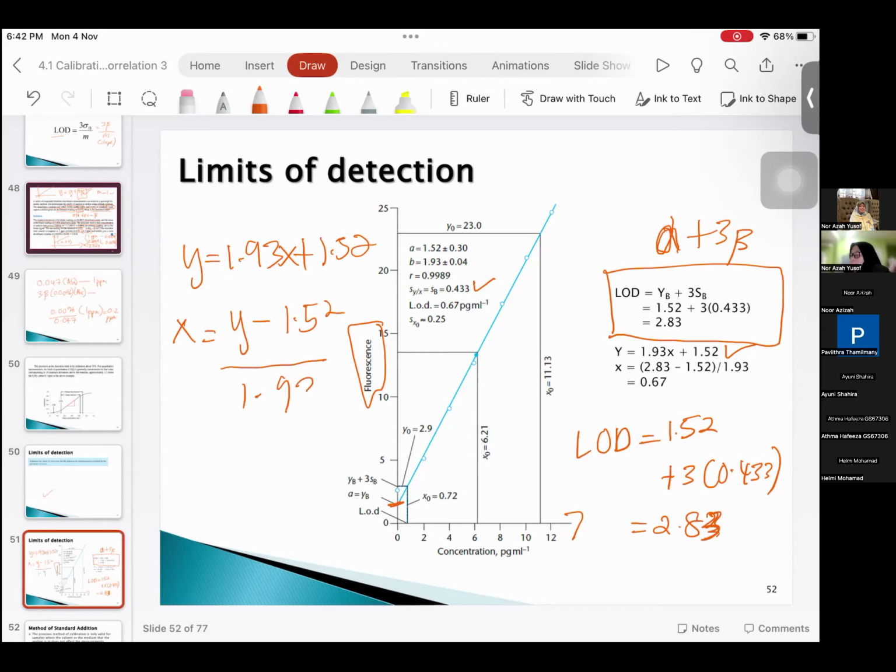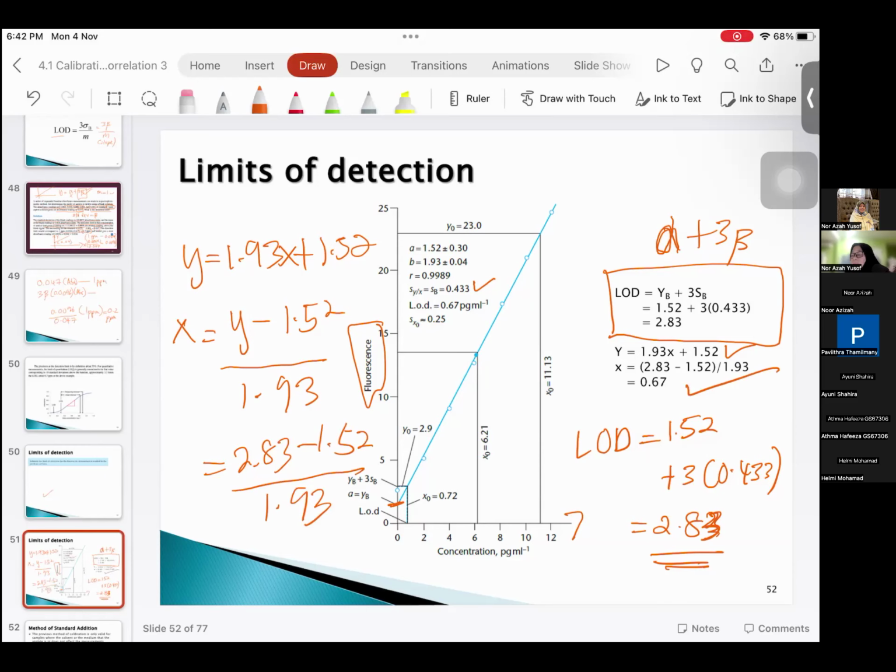Y calculated here is 2.83, minus 1.52, over 1.93.